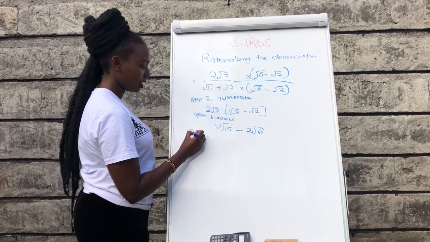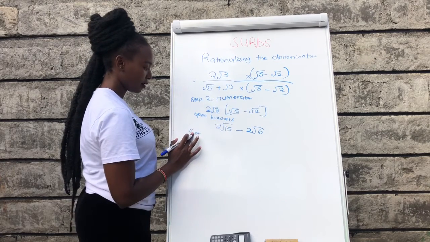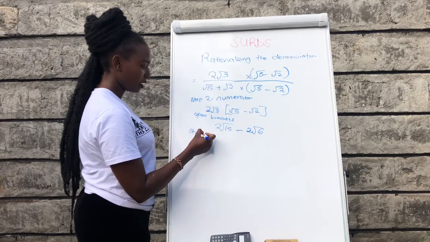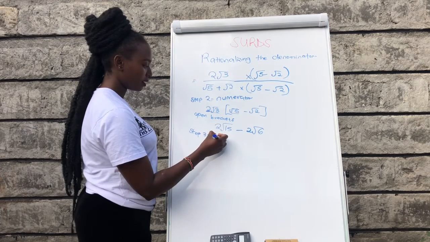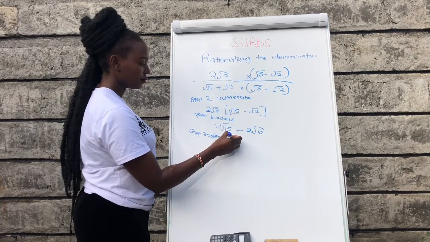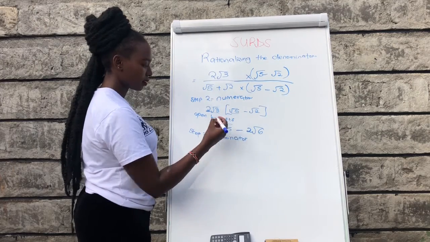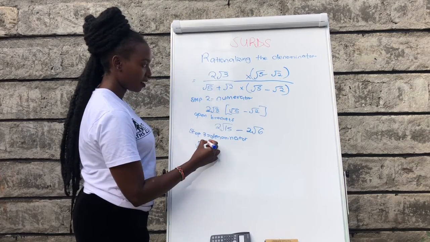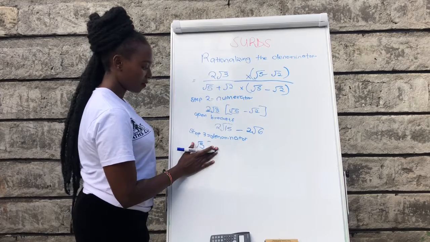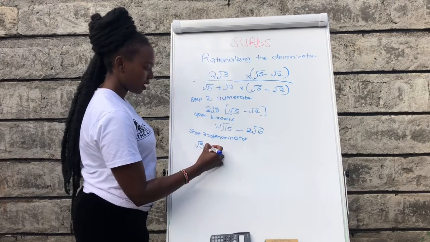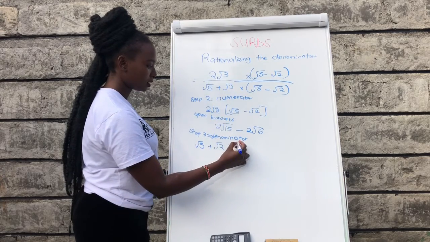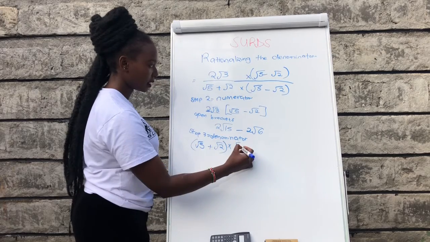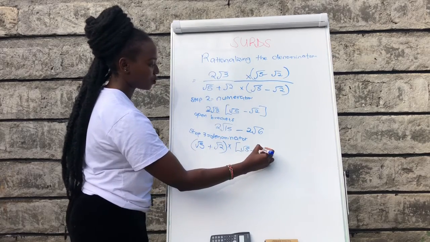So step 3, we work with the denominator. Comes root 5, let me just write it, plus root 2 times root 5 minus root 2.